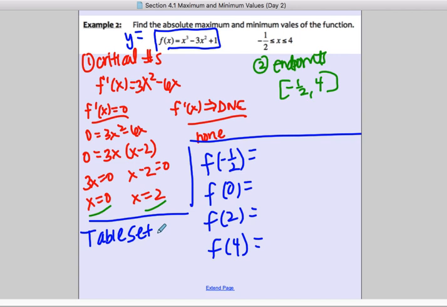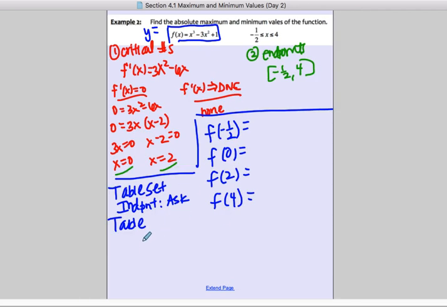Make sure that your independent is set to ask. Then go to your table, which is above graph, and you can just say, I want -0.5, and it tells you the number. 0 tells you the number. 2 tells you the number. That is what will make it the easiest. But if you don't have one, you're going to just type it all in.